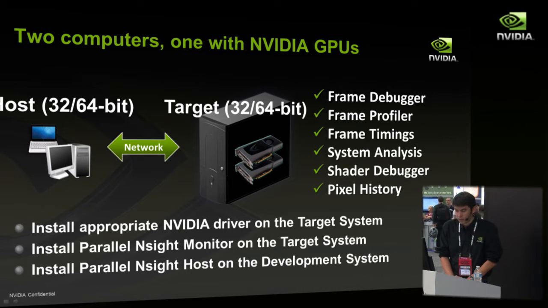Another configuration that is very common for Visual Studio is to have two computers. You're going to be doing all of your GUI analysis on your host machine, which is running Visual Studio. Then your target machine is going to be communicating over TCP/IP, and the target is going to collect all of the data to send to the host.